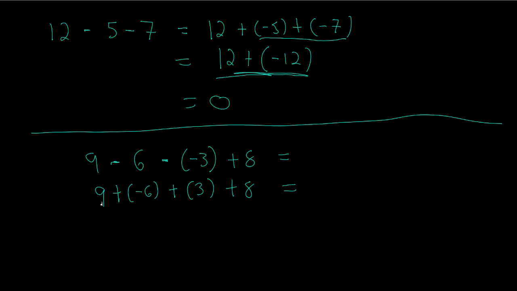And so 9 plus -6, take the absolute values and subtract. That's 3, and I take the sign of the bigger number, so that's +3. I'll bring down the rest of my additions. 3 plus 3 is 6, and that's 14.